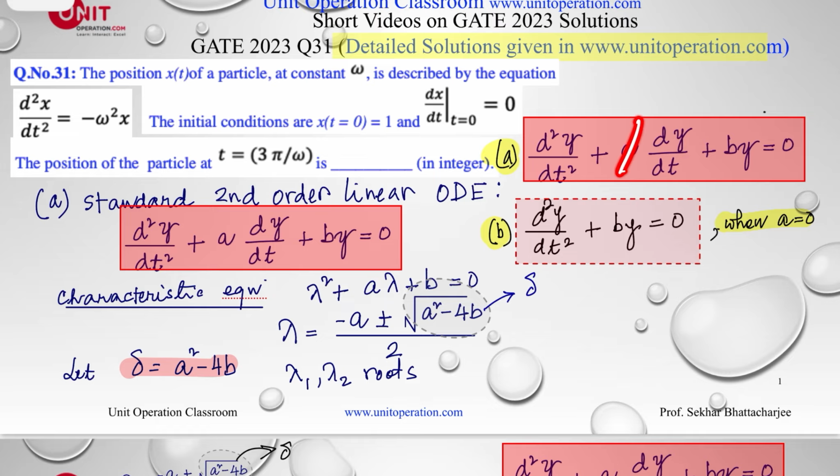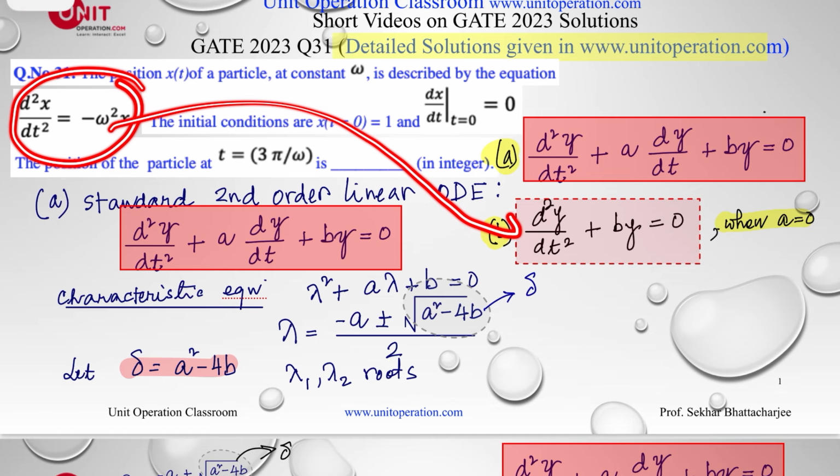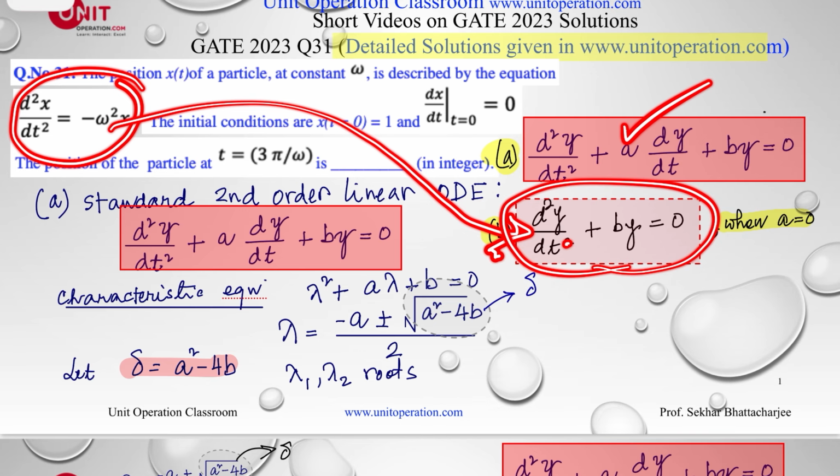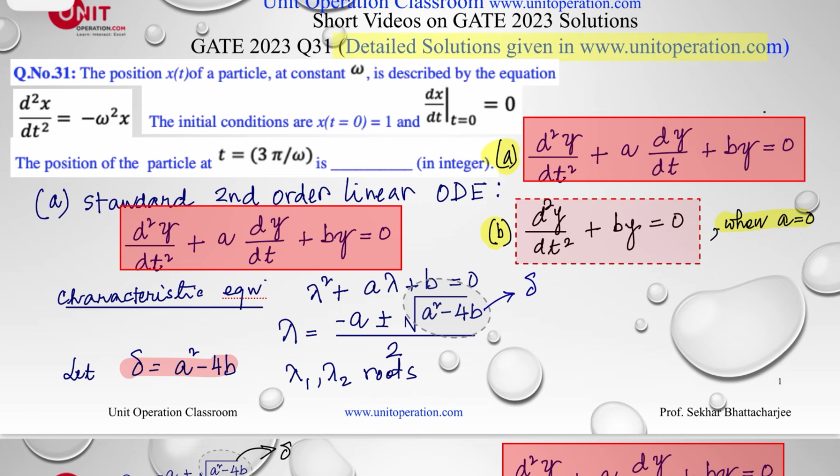If a becomes 0, we get the equation given in our problem. So this is a special case where a is equal to 0. We will try to see the solutions for both of these systems under different conditions.